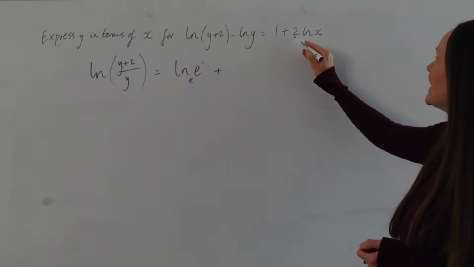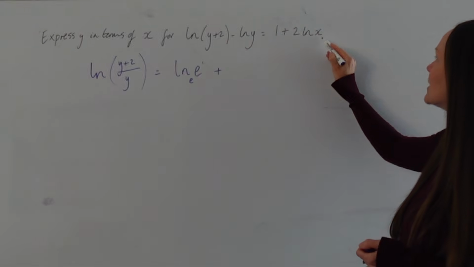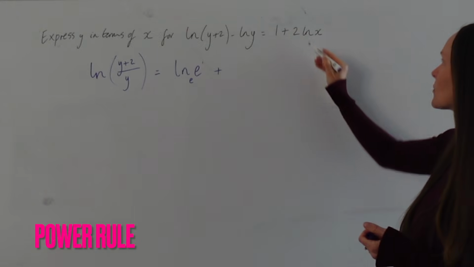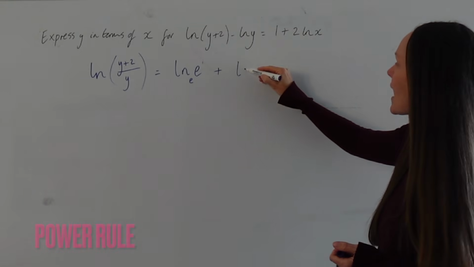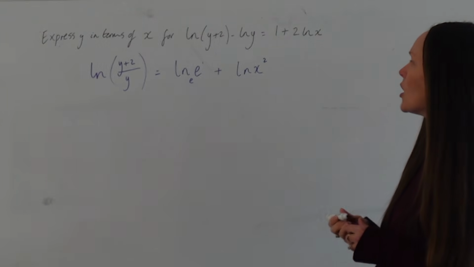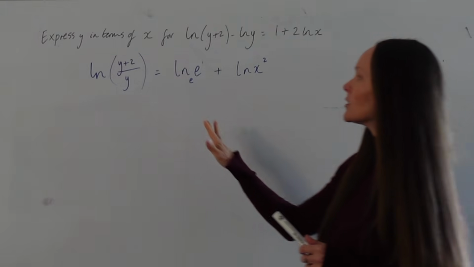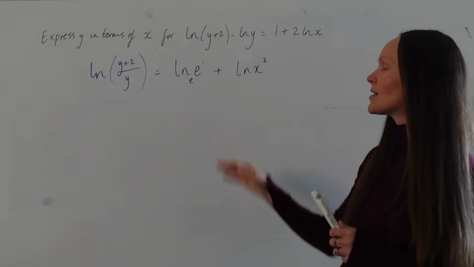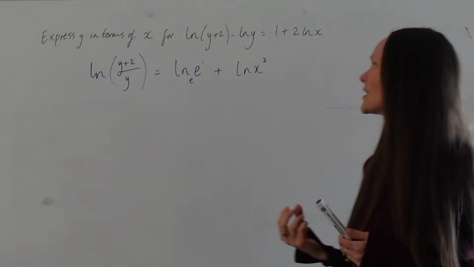And then finally here I can see the log is being multiplied by 2, so I'm going to use the power rule. So I'm going to take this number 2 and raise it to the power of 2 here instead. Okay, so now I've got a singular log on the left-hand side. I'm going to keep going on the right-hand side to try and write that as a singular log as well.